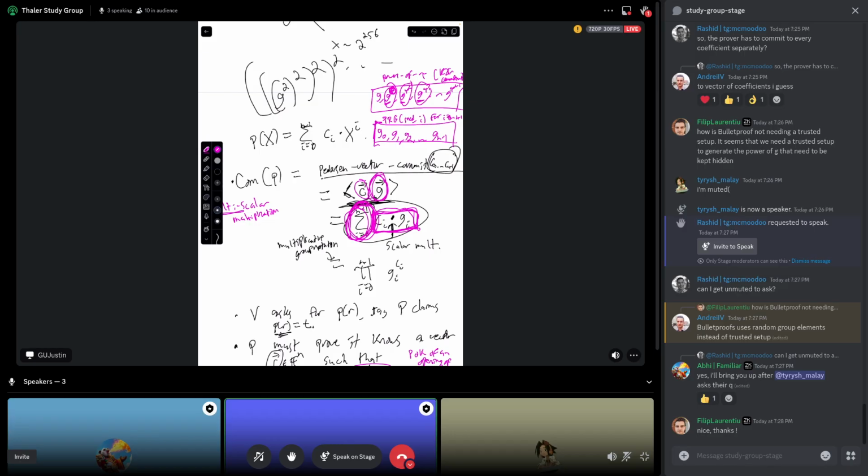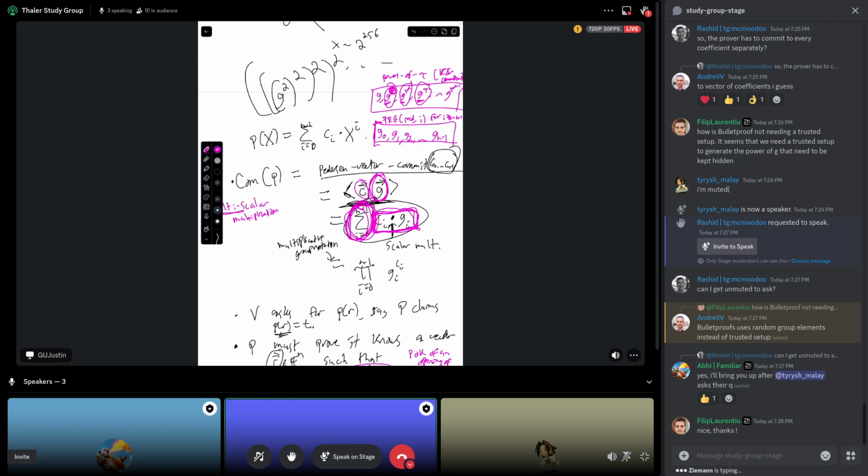So instead of one entity producing the string, sharing it with everyone, and deleting their secret key, anyone can generate that shared string by doing the random number generation themselves. That's why it's transparent. It's available to anyone.